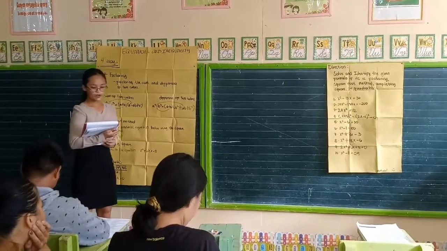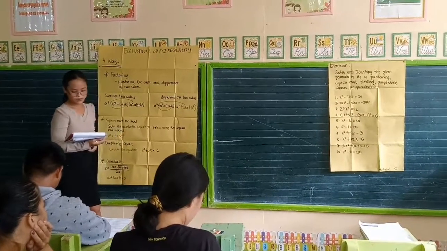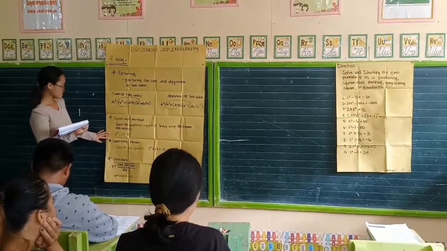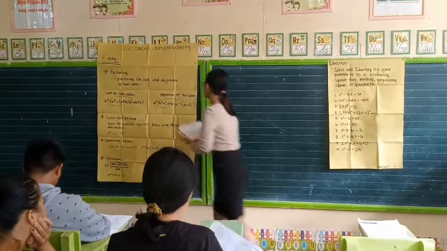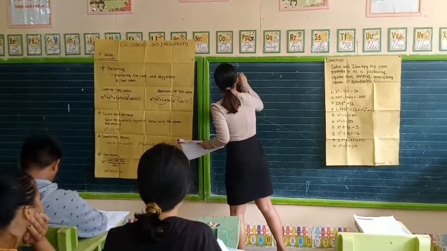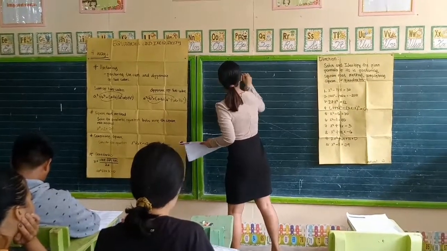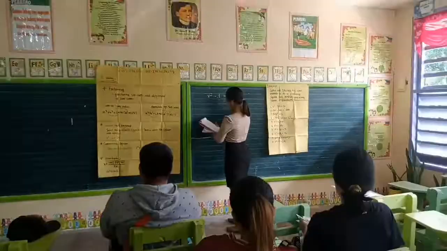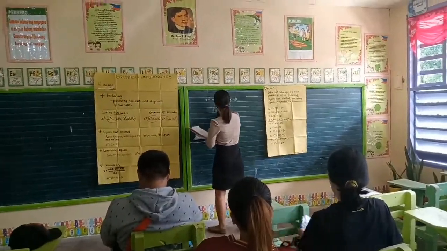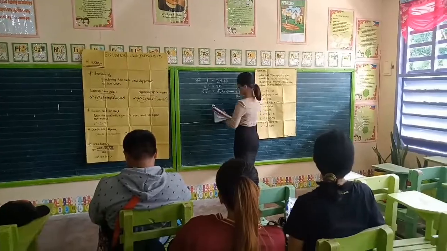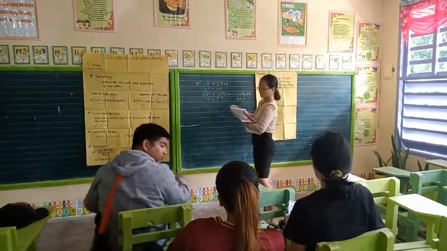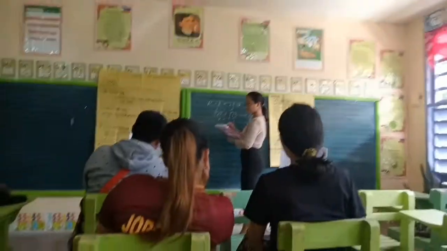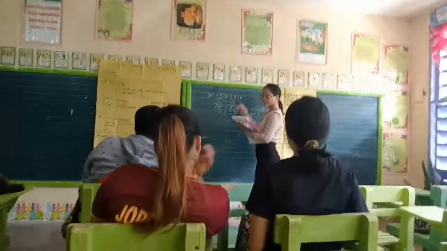So, an example of how to solve a quadratic equation by the square root method. The given problem is x squared minus 1 equals 24. I will isolate the only x squared term on the left side by adding 1 to both sides.